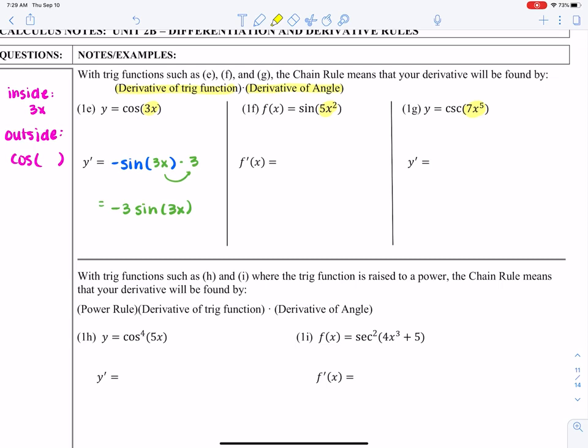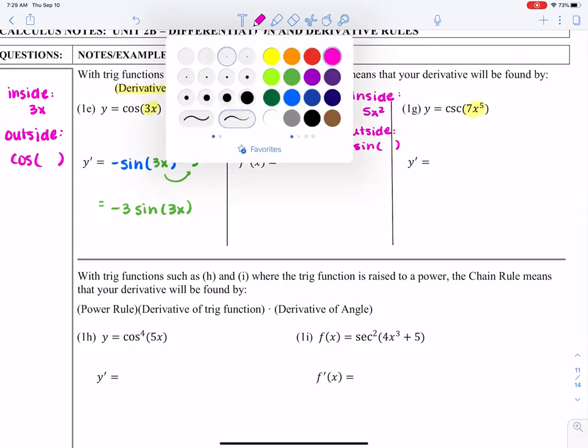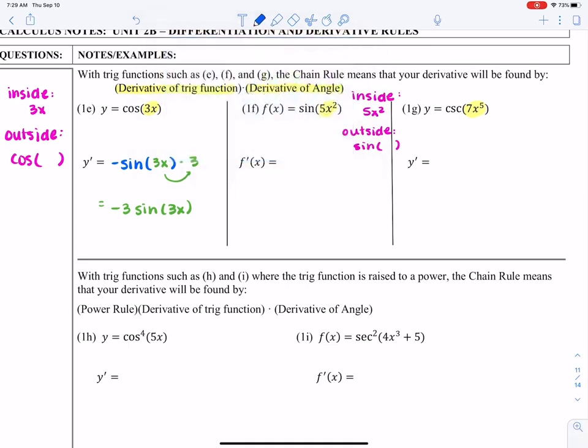So let's do it again. Our inside function on this next one is going to be 5x squared. Our outside function is going to be sine of stuff. So when we take the derivative of sine, the outsidemost layer first, the derivative of sine is cosine.